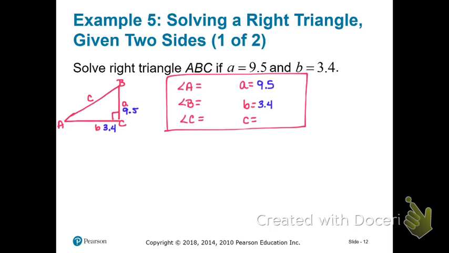All right, side C. So you're going to use Pythagorean theorem, you said? So we got 9.5 squared plus 3.4 squared equals C squared. And so to find C, I'm just going to take the square root of whatever we get there, right?